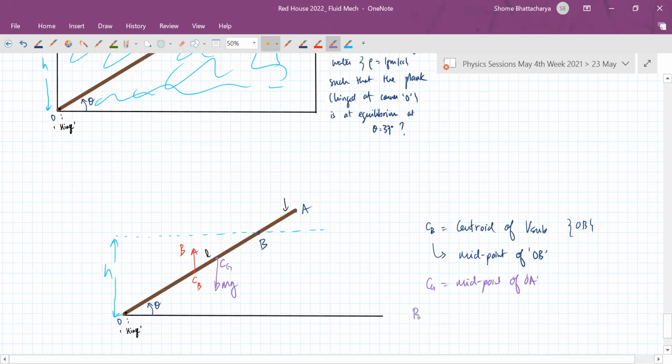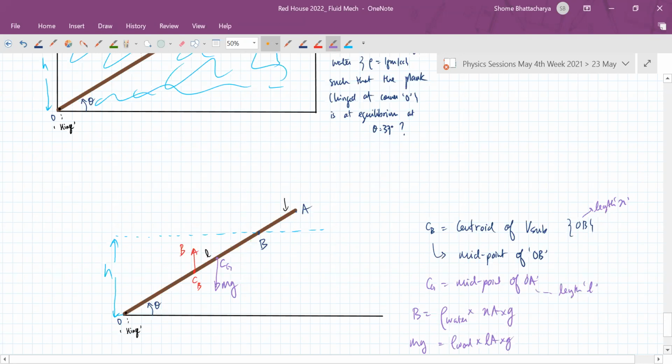And the buoyant force will be equal to density of water into volume of the submerged part. So let's say the submerged part is of length x. So it will be x into some area of cross section into g. Whereas mg will be density of wood into L into A into g, because the length OA is equal to L, the length of the plank.